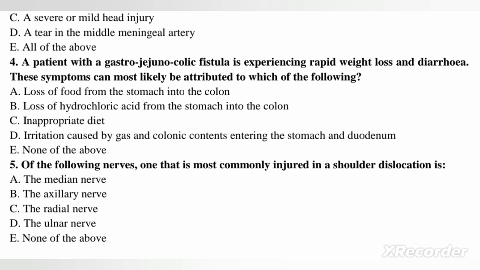The D option, irritation caused by the entry of gas and colonic contents into the stomach and duodenum. So this may cause nausea and vomiting, but does not lead to rapid weight loss and diarrhea. So the best option remains option A, loss of food from the stomach into the colon. That is a consequence of the gastrojejunocolic fistula.